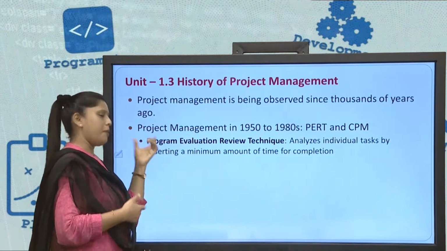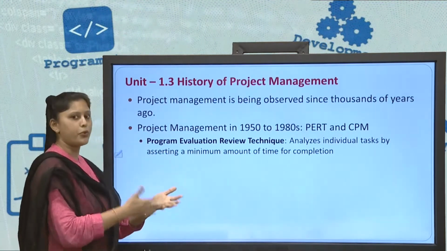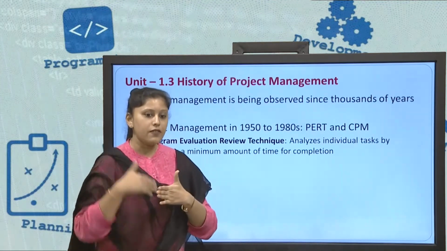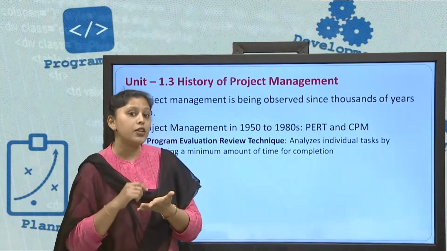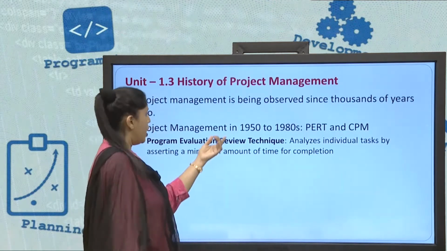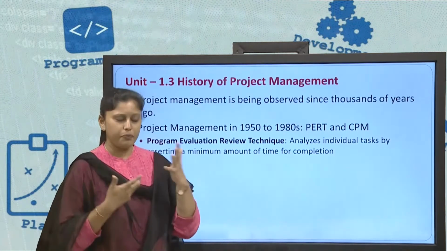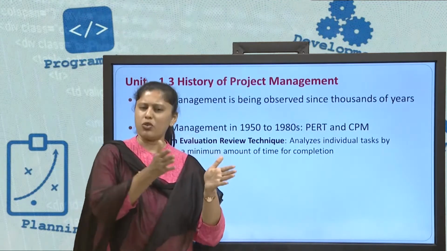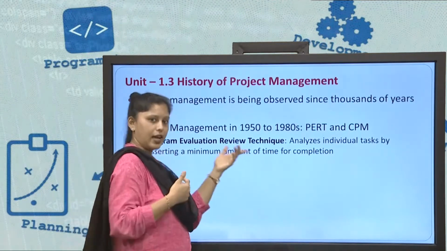Now what is a program? Program is of course whatever we do, processing, methodology, anything is a program. Evaluation means to analyze. For example, when you appear for a test, your test papers are evaluated by your faculty. Review: once those test papers are evaluated, a particular faculty would give a review on it, whether your test paper was good, whether it was okay. So that is review, and a technique.